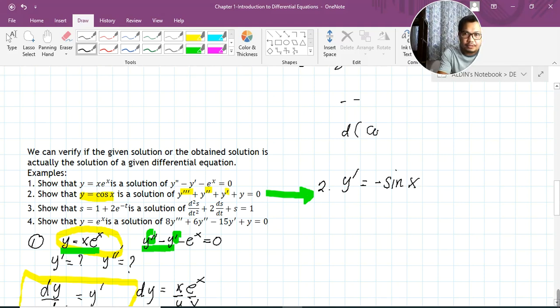Derivative of cosine of u is simply equals to negative sine of u multiplied by the derivative of u. So, since ang derivative ng x is 1, diba? So, 1. Or this is simply equals to negative sine of x. Diba?